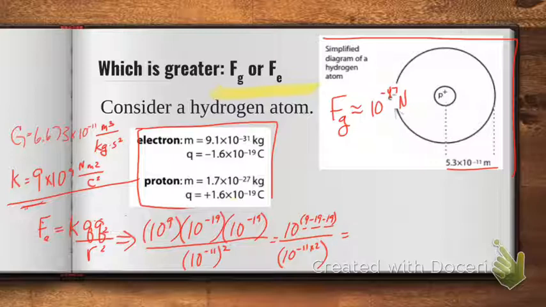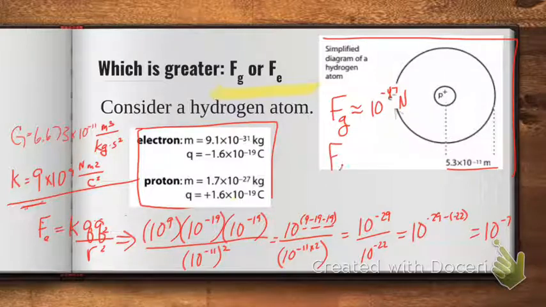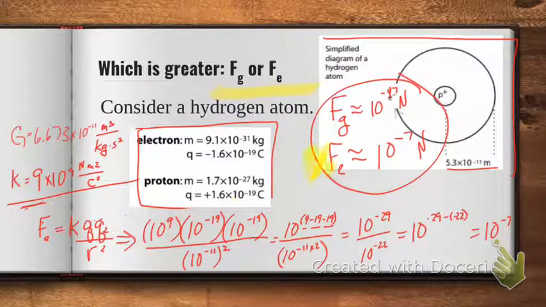Negative 10 plus negative 19 is negative 29. So it's 10 to the negative 29 divided by 10 to the negative 22, which leaves us with something on the order of magnitude of 10 to the negative 7th. So the electrostatic force is approximately 10 to the negative 7th newtons, which makes the electrostatic force the clear winner. It is much, much stronger than our gravitational force.